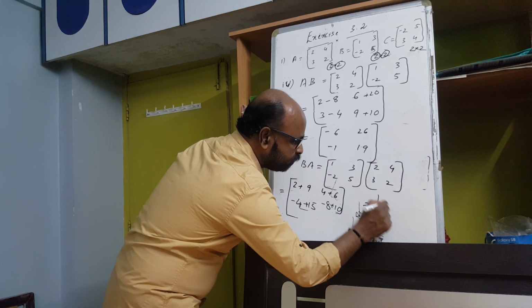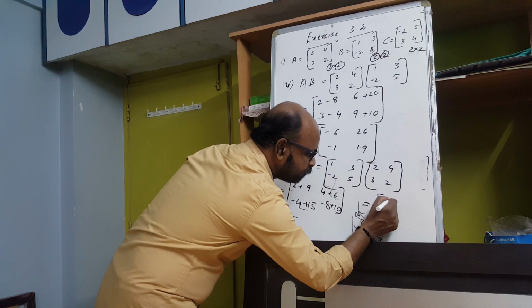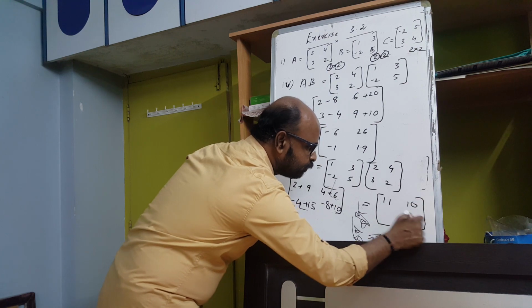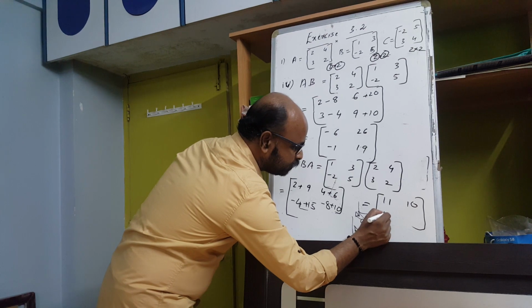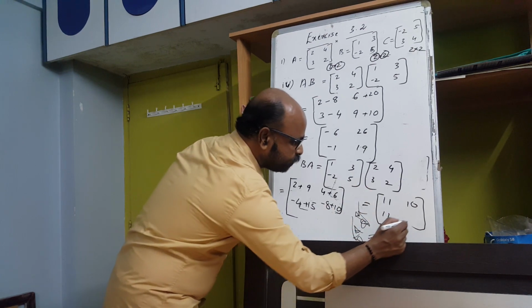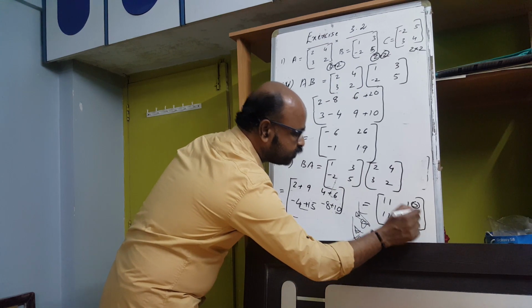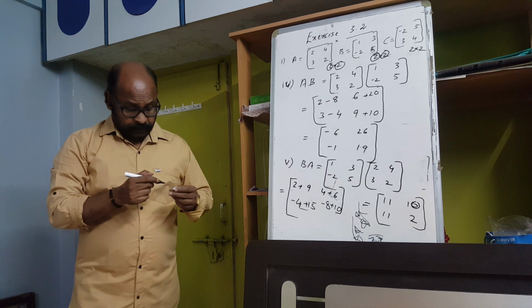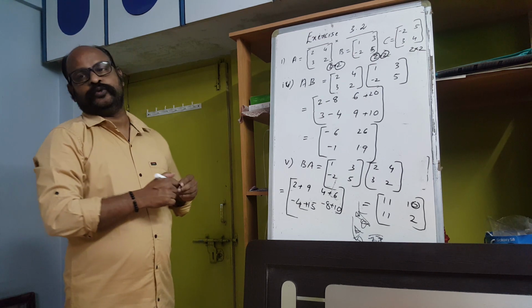We simplify it. 2 plus 9, 11, 6 plus 4, 10. Then minus 4 plus 15, that is 11. Minus 8 plus 10, that is 2. So matrix BA is equal to matrix 11, 10, 11, 2.